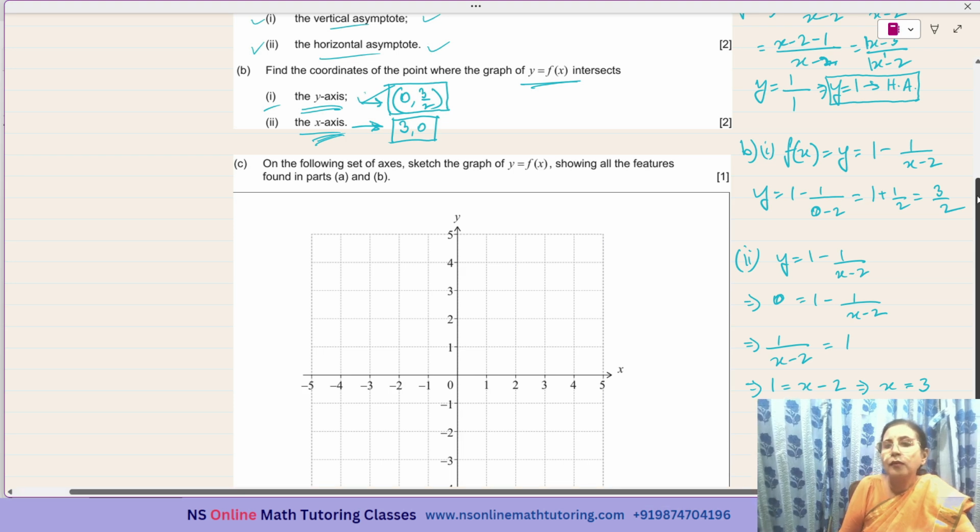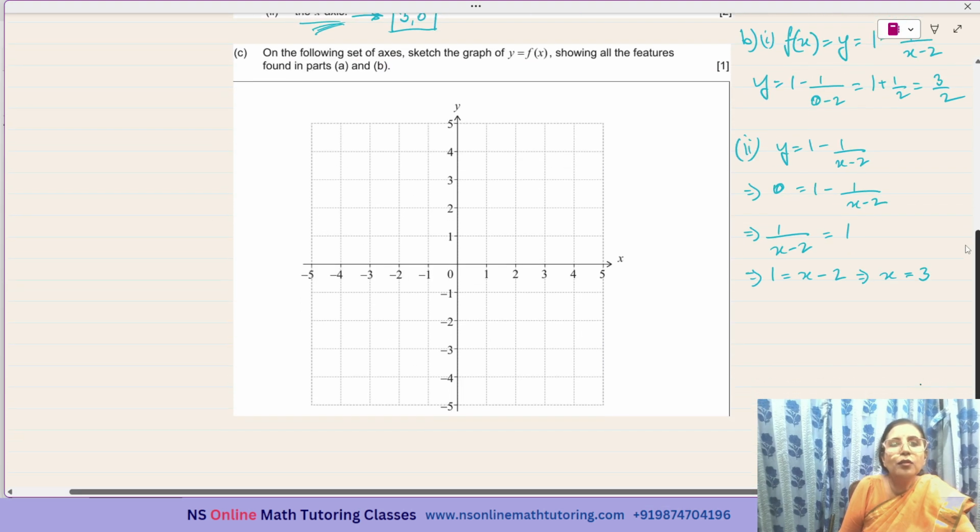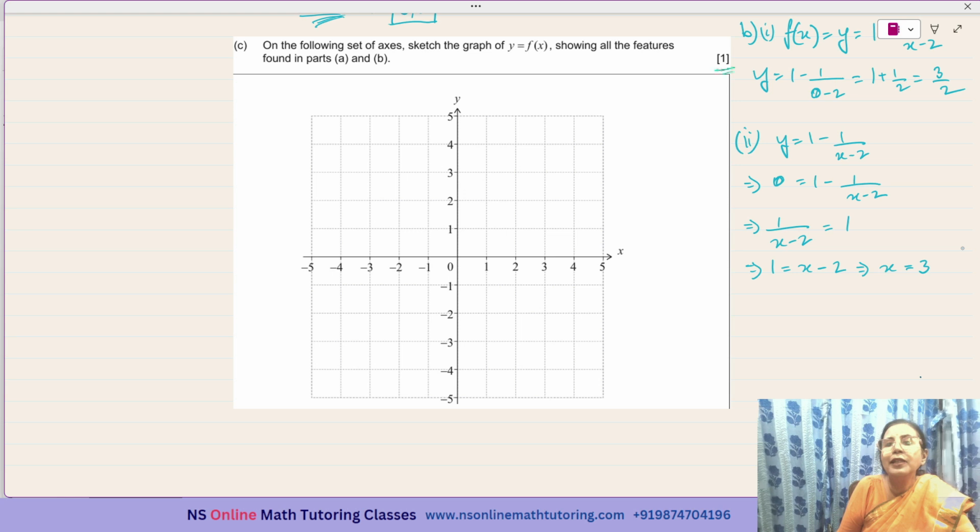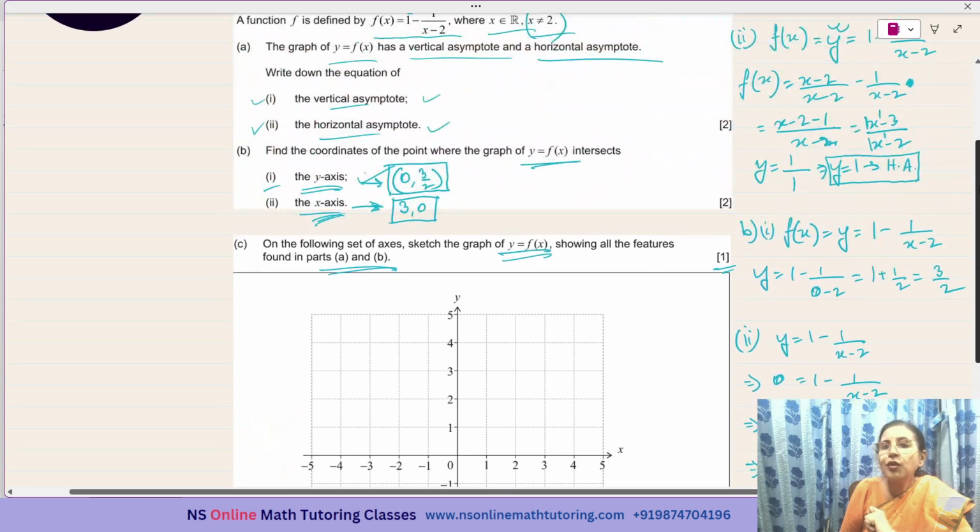Okay. So now coming to part C, it is containing just a single mark. On the following set of axes, sketch the graph of y equal to f of x. We know the x-intercept, we know the y-intercept, we know the asymptote. So we are in a position to sketch the graph, showing all the features found in parts A and B. So first, let me take the asymptotes.